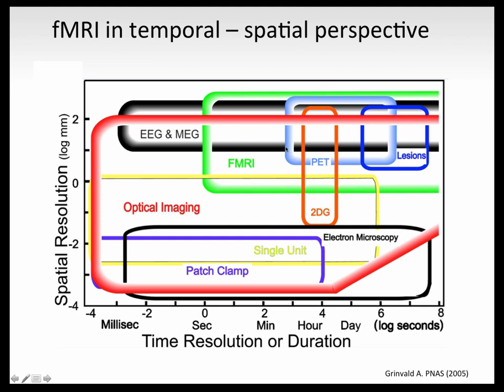But PET has better specificity because you're using actual radioligands that bind specifically to various metabolite targets. But it does better than things like lesions, which you don't really want to create. It has a good compromise between spatial and temporal resolution in a non-invasive imaging method.